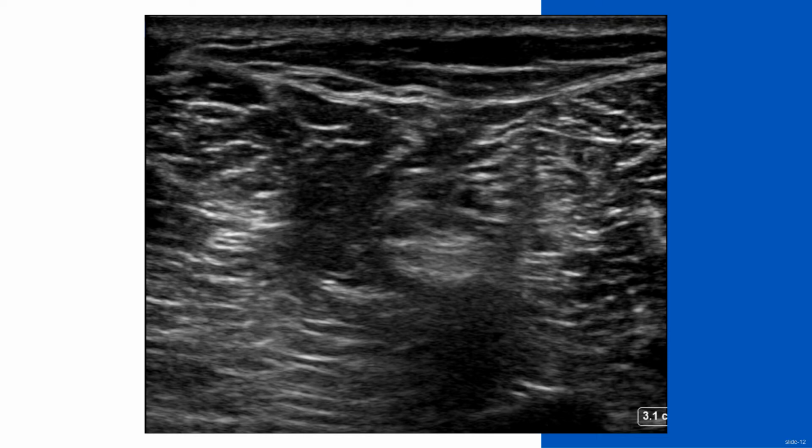As one scans more proximally, the nerves come together and create a single nerve structure, the sciatic nerve. Unfortunately, as you go more proximal, the nerve does get a little bit deeper, so it gets a little bit harder to see. As you come more distal, the nerves begin to spread apart, with the common peroneal taking a track that is more superficial and further lateral compared to the tibial nerve. We say that it's high and outside, kind of like a bad pitch in a baseball game. Let's watch the video.